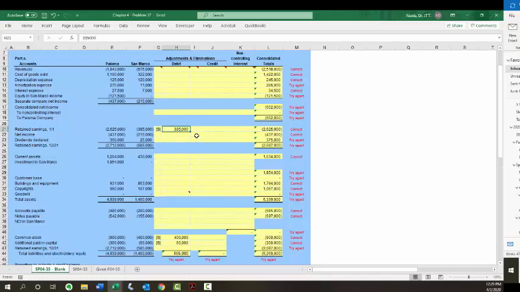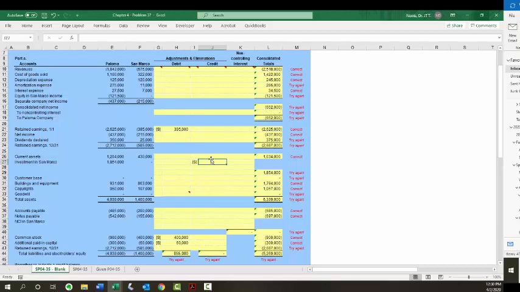All right, so this is where it differs. The A entry is going to be split between two areas. The S entry credits are going to be split. There's going to be an entry in the investment account, and then there's also going to be an entry down here in this non-controlling interest in San Marco.